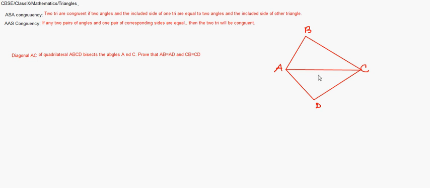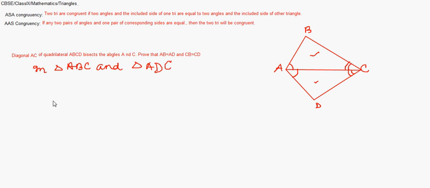In triangle ABC and triangle ADC, what all are equal? Because AC is bisecting angles A and C, this will be equal to this and this will be equal to this.